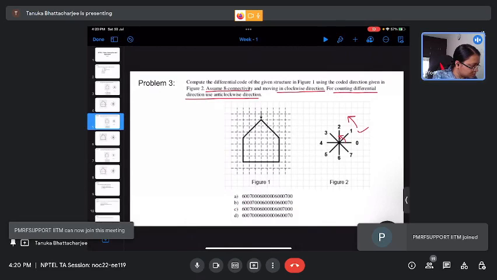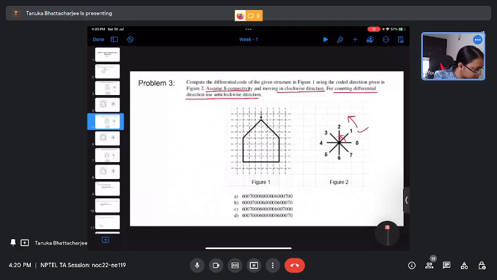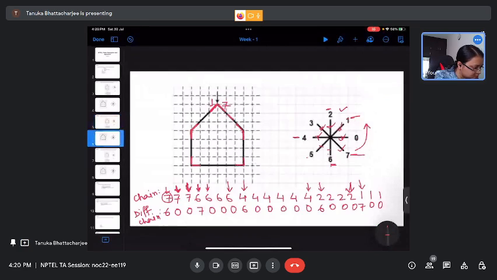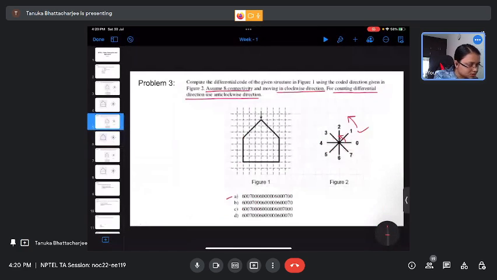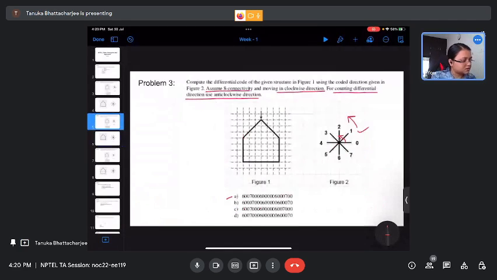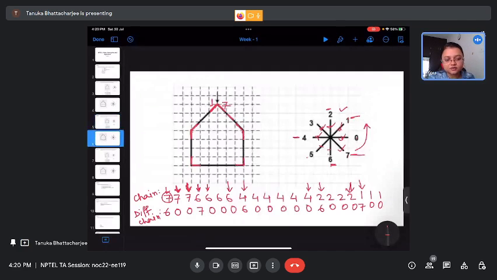So, this will be option, this one is 6 0 0 6 0 0 7 0 0 7 0 0, then 6 5 zeros, 6 5 zeros, 6 0 0 6 0 0 7 0 7 0. So, option A is the correct answer for this.